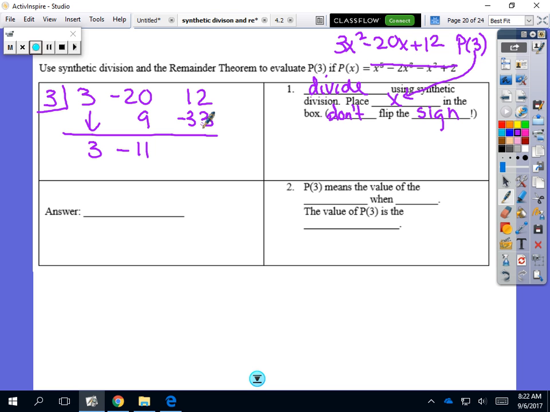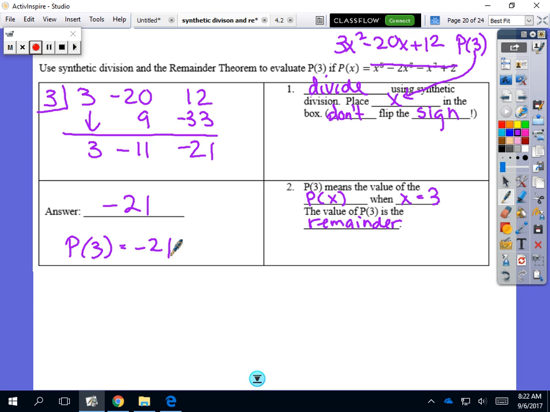So this is -21. So p of 3 means the value of the function p of x when x is 3. And the value of p of 3 is the remainder. So in this case, the remainder is negative 21. So the value of p of 3 equals negative 21.